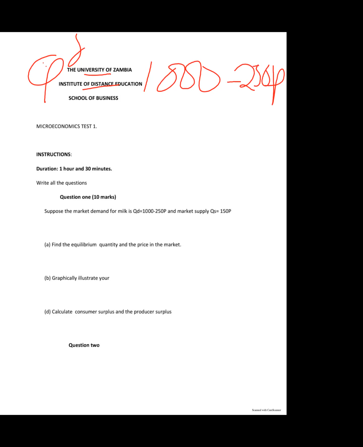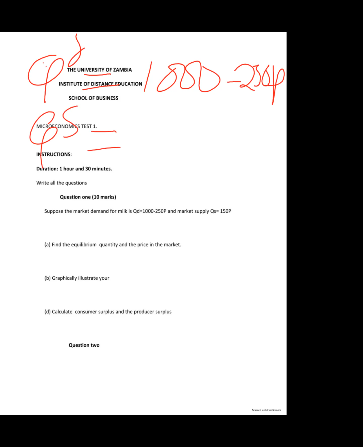So you are given the two equations. The demand equation was given as the quantity demanded QD equal to 1,000 minus 250 P. Then you also had the quantity supplied.